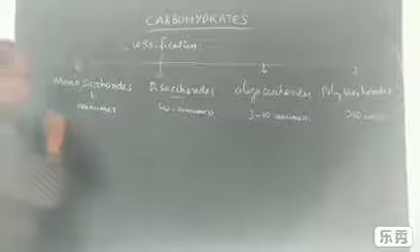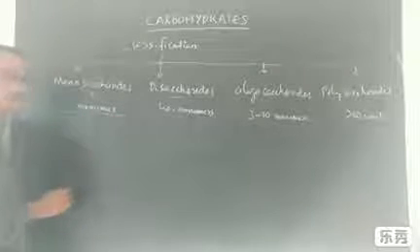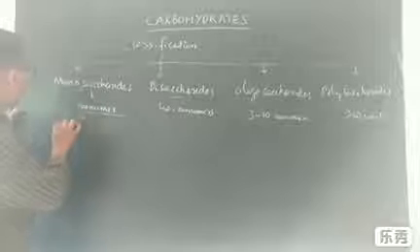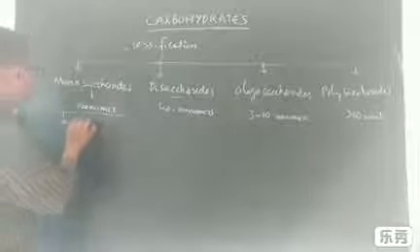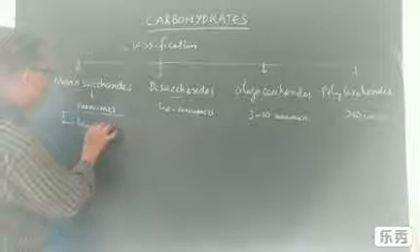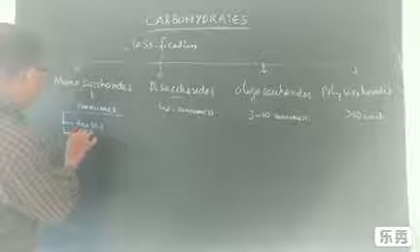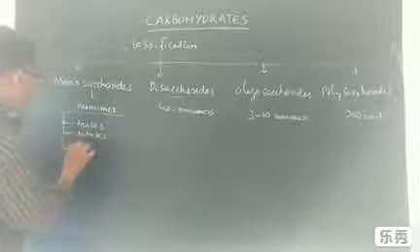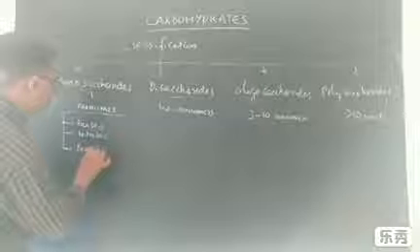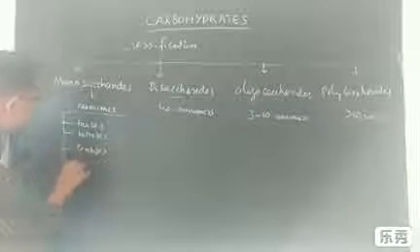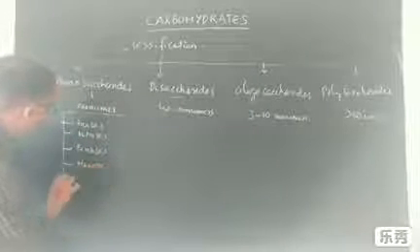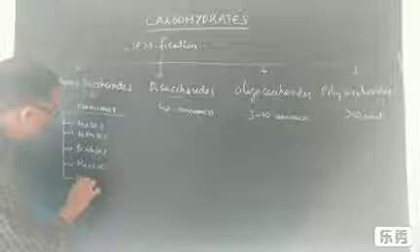Then coming to monosaccharides, they are further classified into trioses, tetroses, pentoses, hexoses, and heptoses.